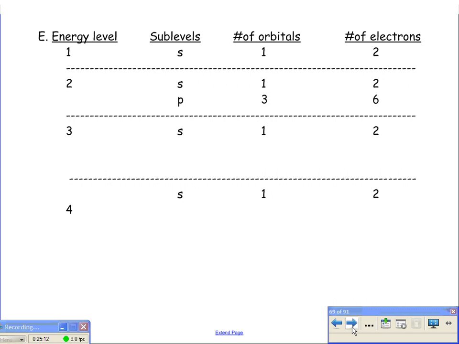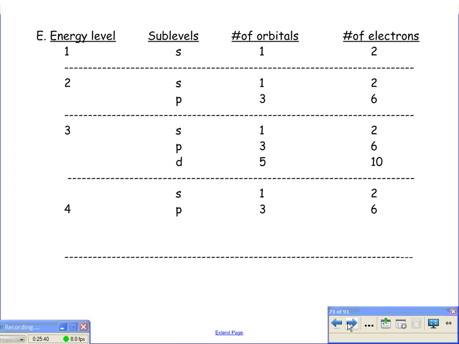Then the second energy level has two sublevels, S and P. P has 3 orbitals and can hold a total of 6 electrons. Since the second energy level has a P, every energy level past it will have a P sublevel with 3 orbitals that can hold 6 electrons.